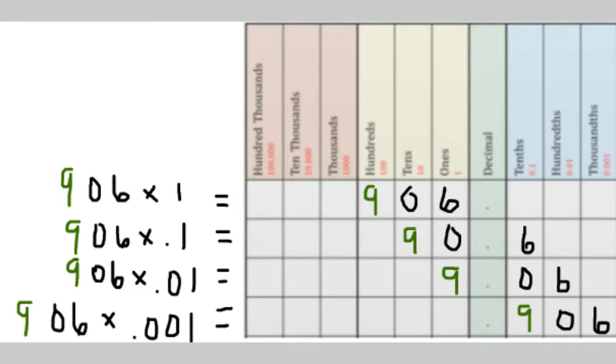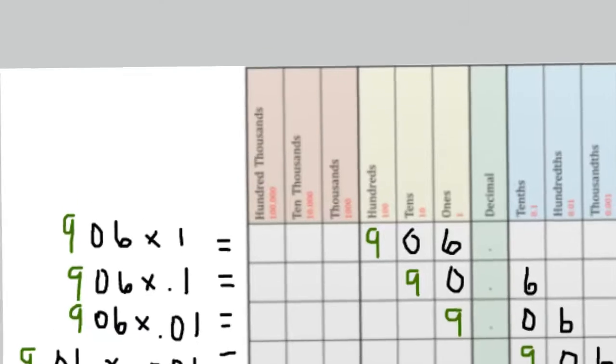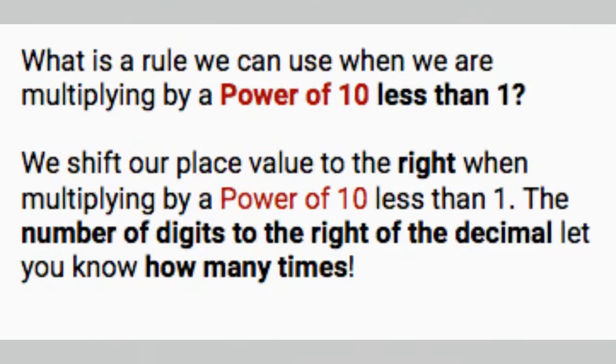When we did 1/100, there are 2 digits to the right of the decimal, and we shifted over 2 place values. For 1/1,000, there are 3 digits, the 0, 0, and the 1, and we shifted over 3 place values. So that is going to be our rule: we shift our place value to the right when multiplying by a power of 10 less than 1. The number of digits to the right of the decimal lets you know how many times.